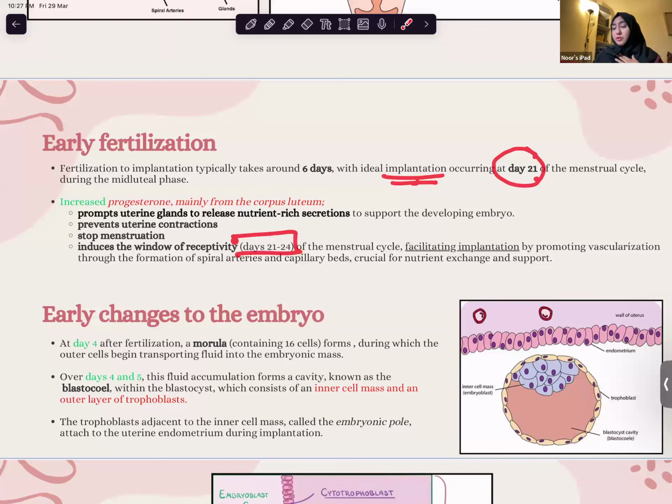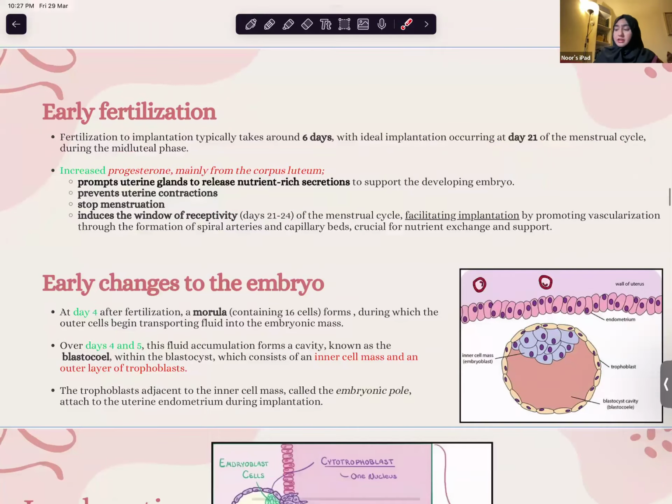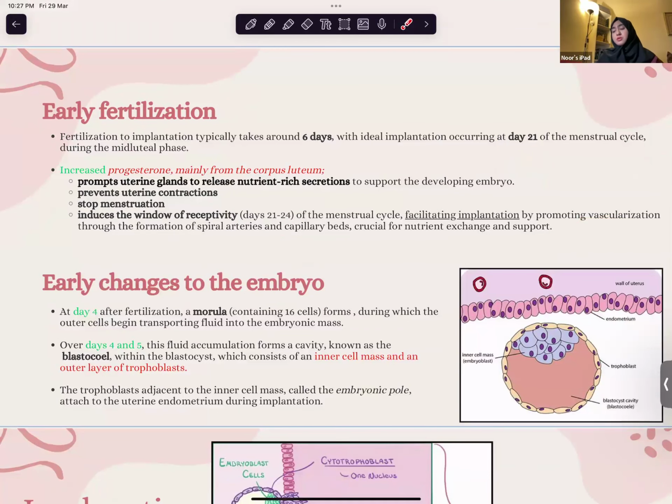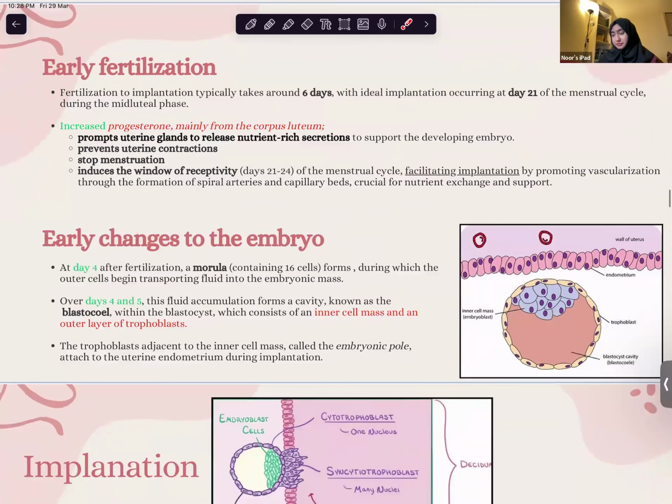So around day 21 to day 24, the endometrium is ready to accept the blastocyst to be implanted. How does it do that? It promotes vascularization, spiral arteries and capillary beds are formed, and it's crucial for nutrient exchange and support.